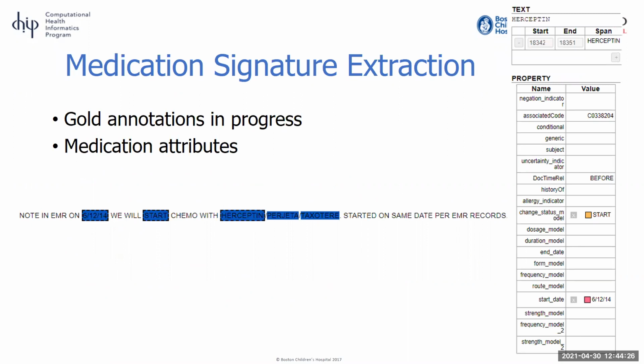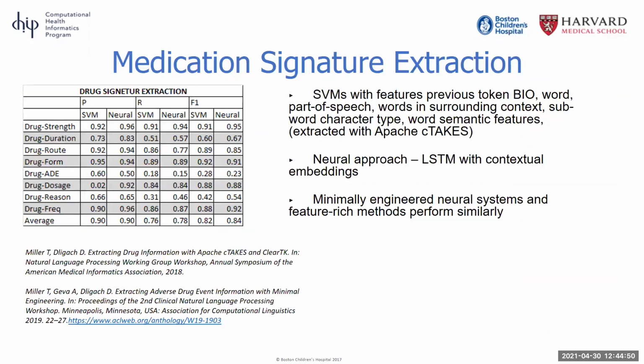What I'm showing you here is the annotation schema with all attributes for the medication, although at this point, we are not using all attributes to actually build models, because some of the attributes have very low instances. So we're using some of the attributes, and I'm listing the attributes: strength, duration, form, dosage, and frequency to build the models.